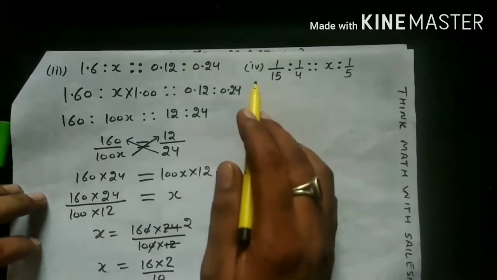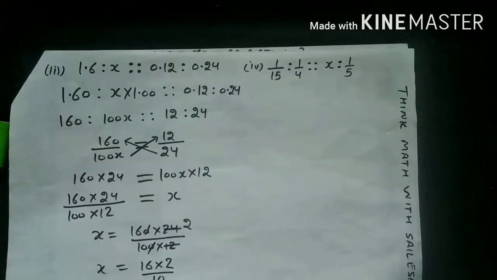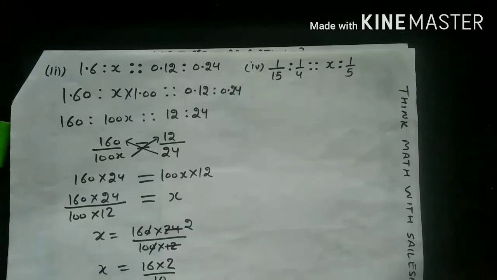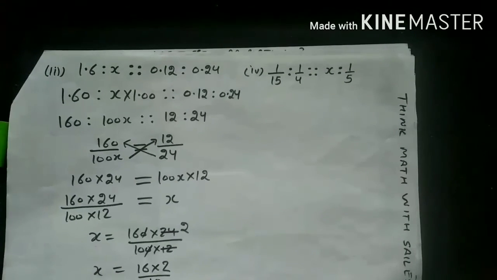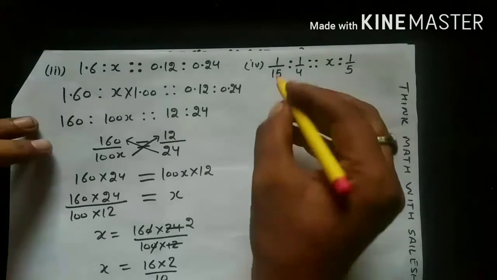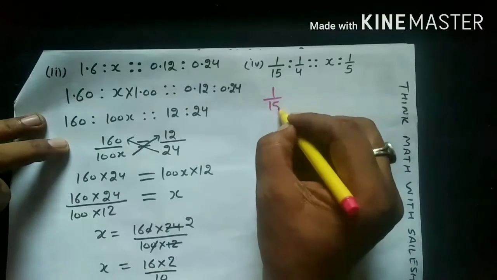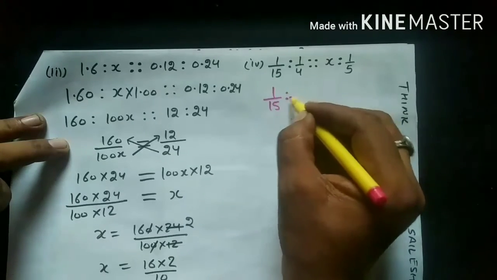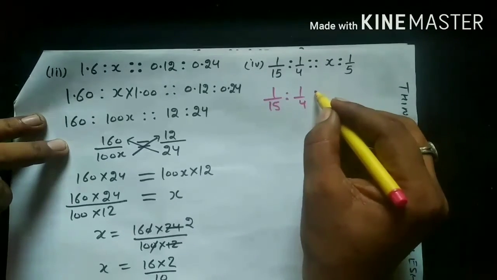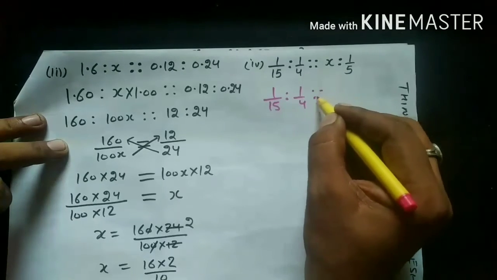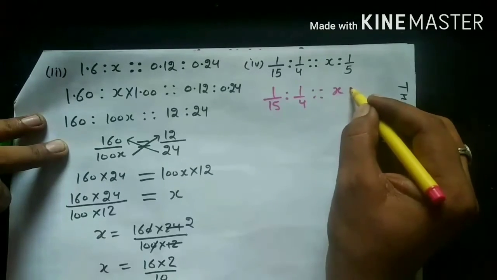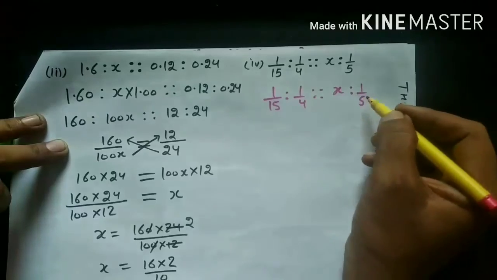Now the next part is 1 by 15 ratio 1 by 4, x ratio 1 by 5.